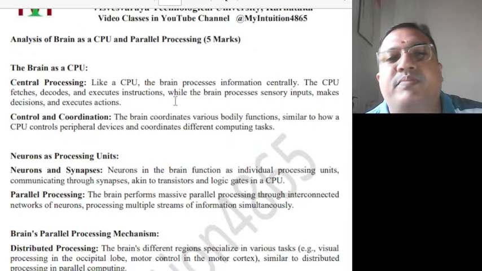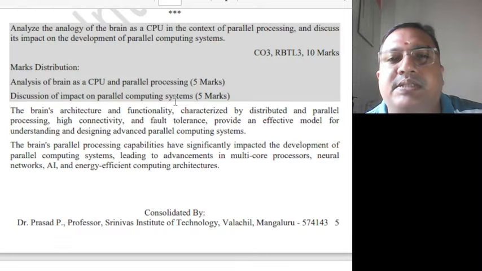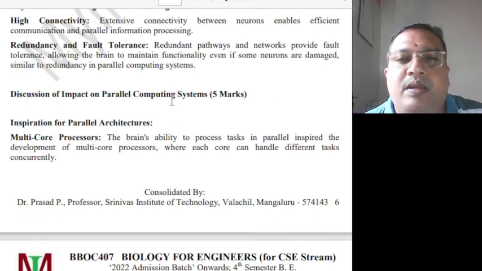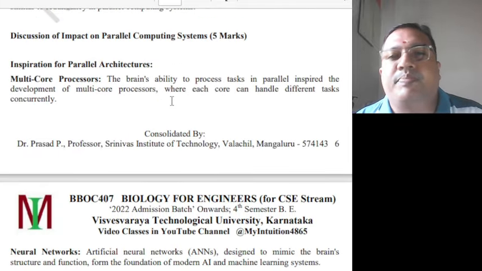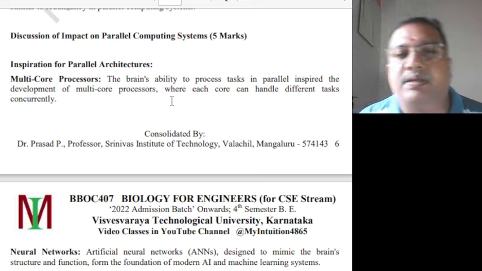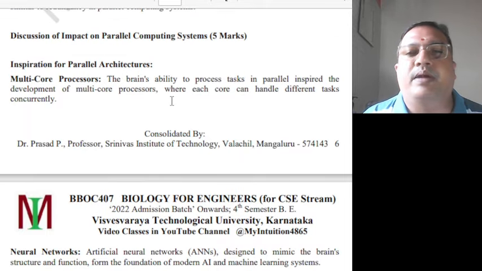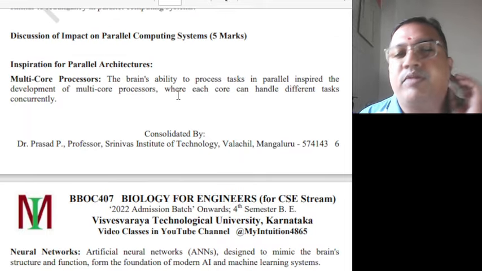That is the analysis of the brain as a CPU, because the question says analyze the analogy of brain as CPU in context of parallel processing, then its impact on development of parallel computing systems. Okay, so how these things are impacting a parallel computing system: inspiration of parallel architecture, multi-core processors.